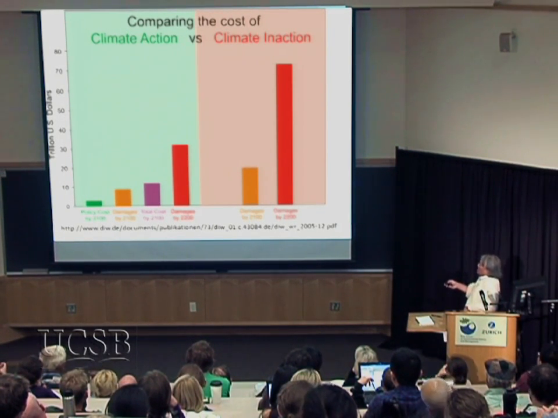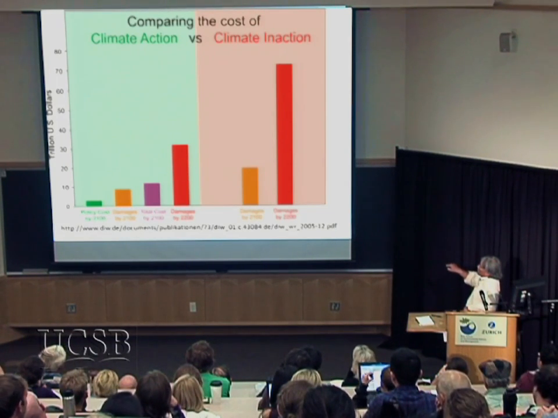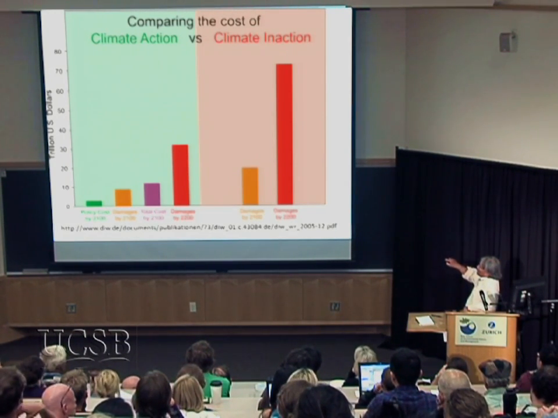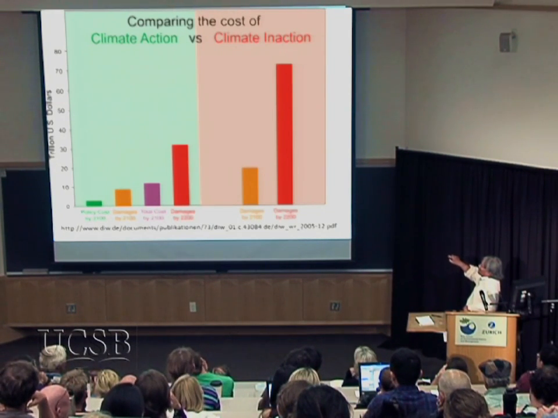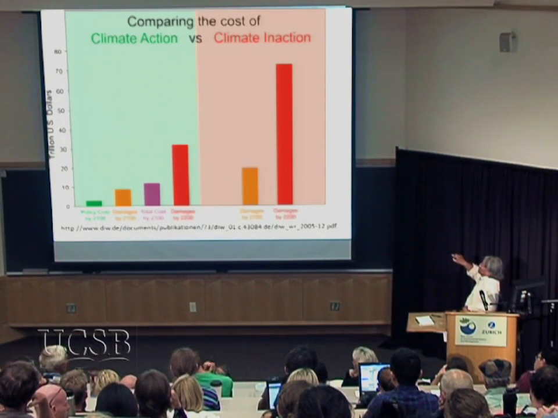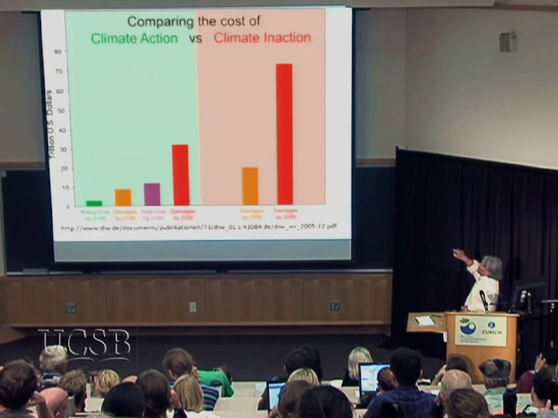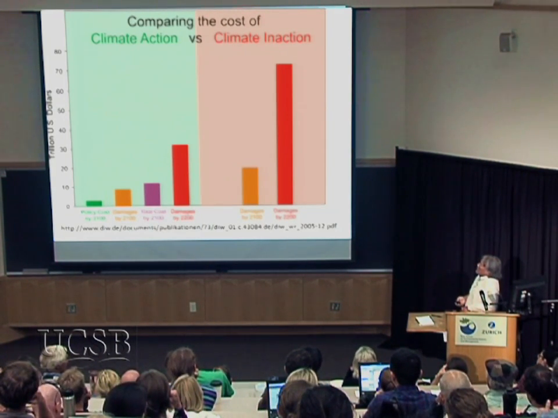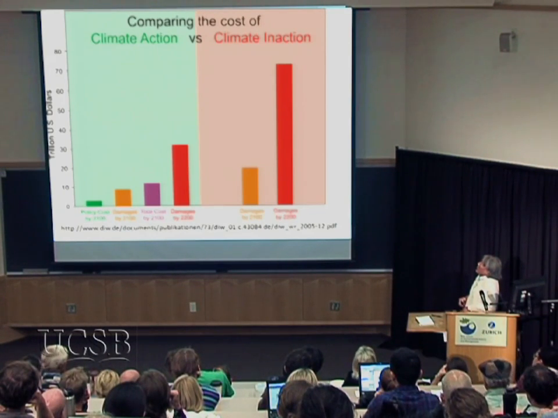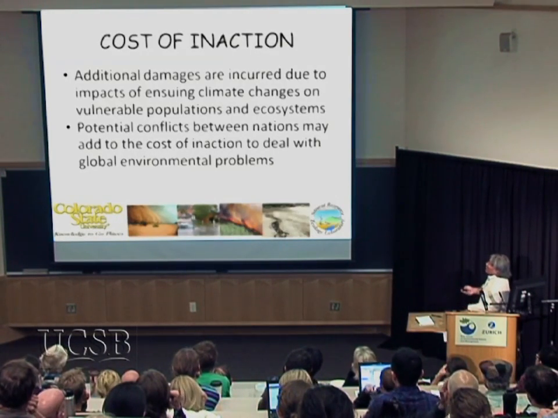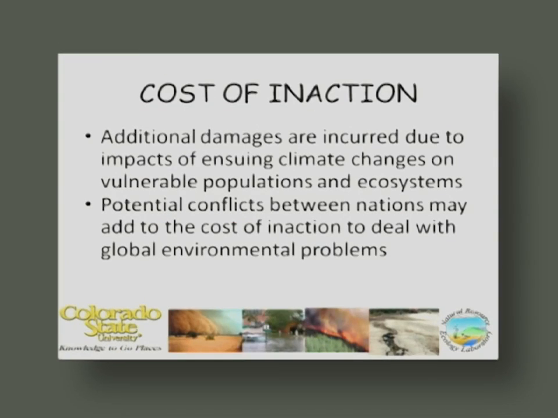So there's a large differential between taking policy actions now and what the cost would be, compared to the actual damage we would incur if we did not take action. What we are seeing is that additional damages would be incurred, and especially vulnerable populations and ecosystems will be impacted.